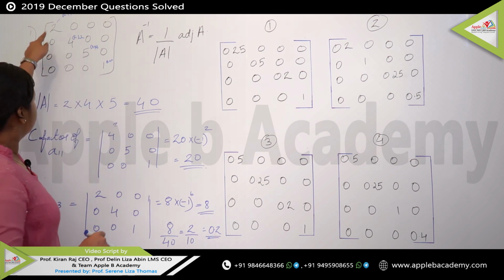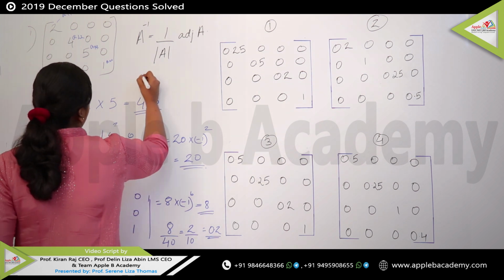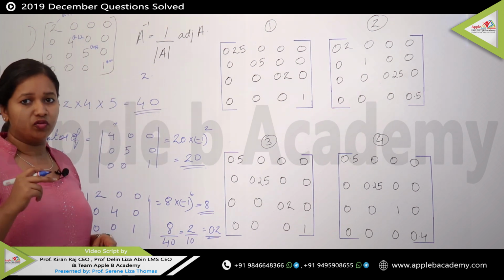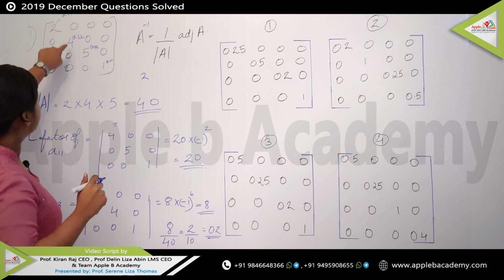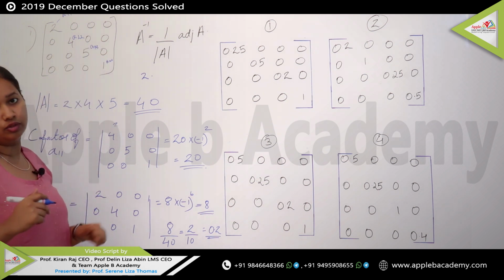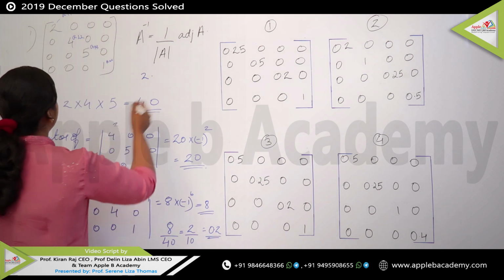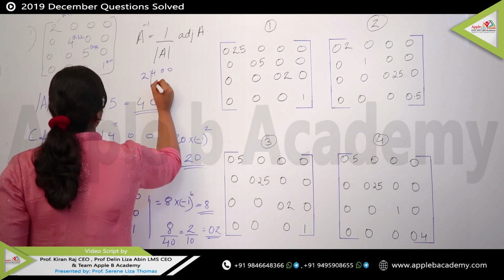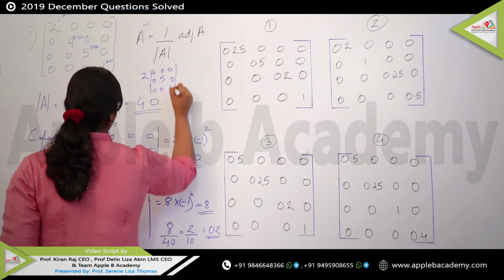Now the first element 2, which is A11, you multiply by the determinant of this 3 into 3 matrix. So 2 into 4 0 0, 0 5 0, 0 0 1.